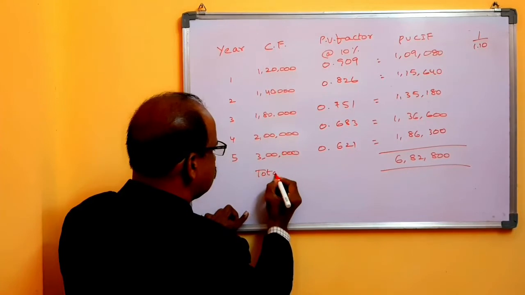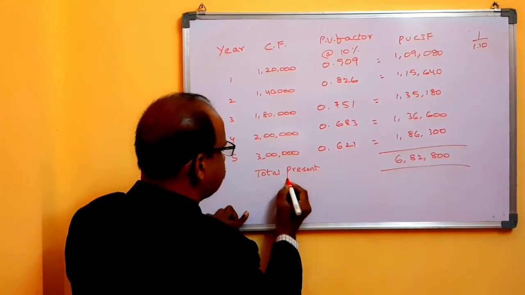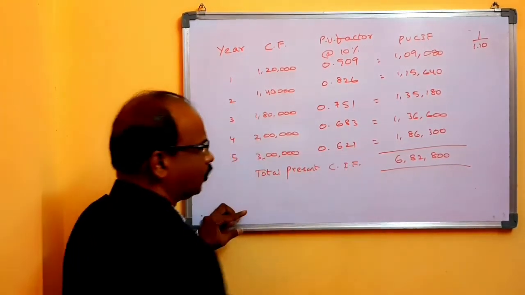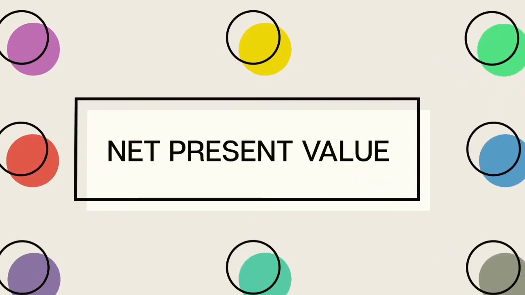This is the total present cash inflows. Now we calculate net present value. How to calculate net present value?